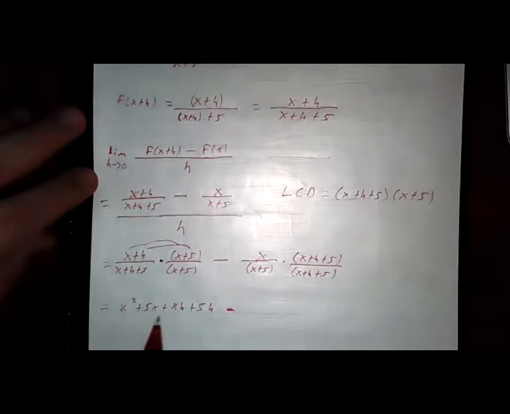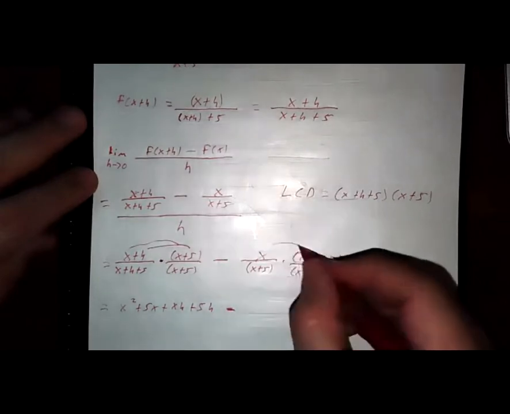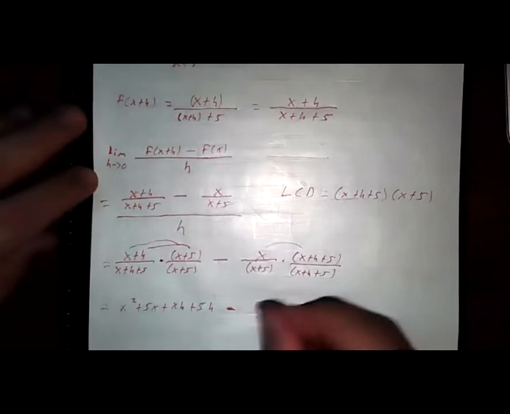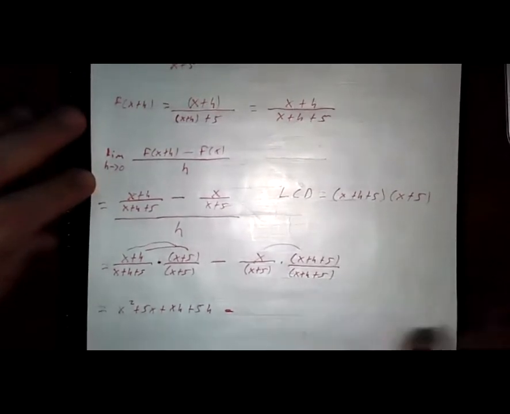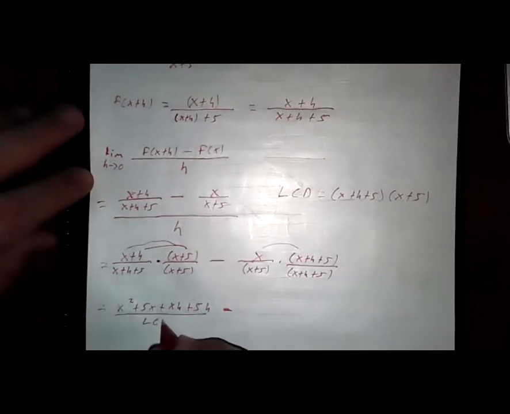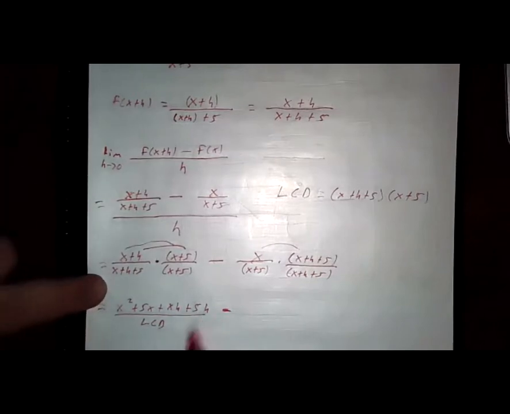You agree with these four terms? Yes. Now multiply the x on all this, you'll get here. So down here, I'm just going to put LCD, right? And that's what that is, because we got it in there now.